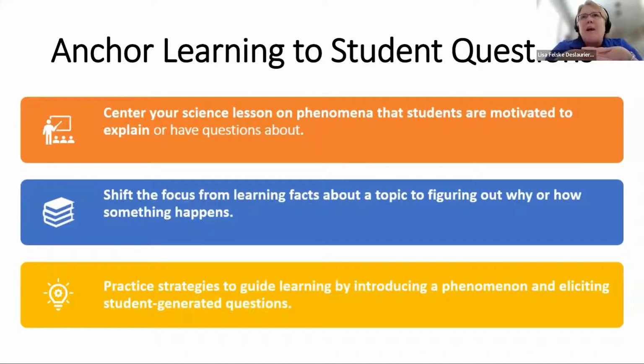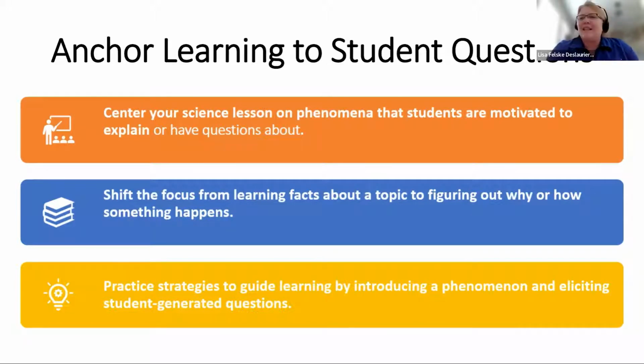The idea behind using a driving question board is to anchor learning to student questions, especially your lab investigation. I was in the classroom a long time, and I don't think students have changed. A lot of times when you do a lab, they're not connecting it to the lesson you're teaching, especially if you're doing inquiry. I would do a lab and the kids didn't even know what the science topic was. I would say, well, why are we doing this today?